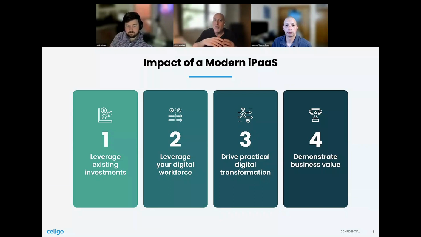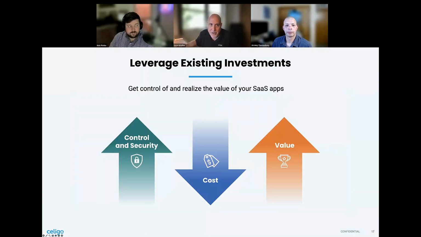Regardless of which of those strategies we talked about earlier, retrench, try to grow, or wait and see, a modern iPaaS can simultaneously drive reductions in operational costs, including IT spend, and simultaneously support growth initiatives. So let's take a look at some of these.